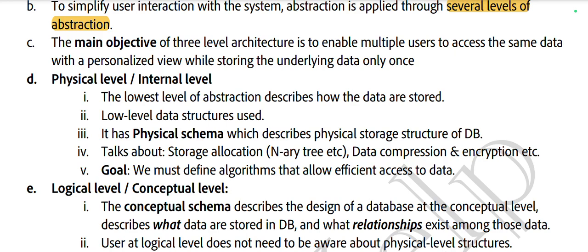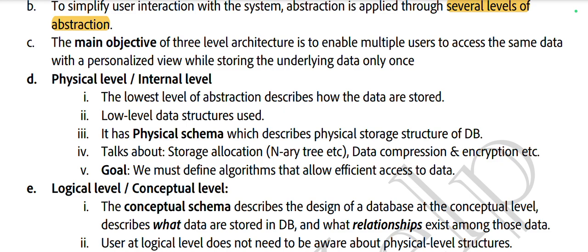This is the lowest level of abstraction, which describes how the data is stored, and low level data structures are used. In the low level schema, we use data structures for storing our data in our disk and storage, and decide which data structure I should use for efficient operation and efficient access.